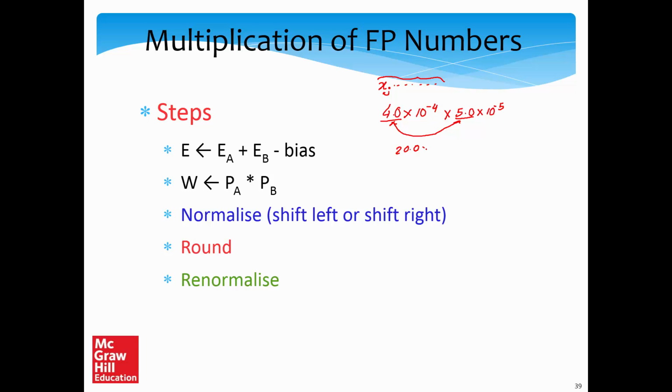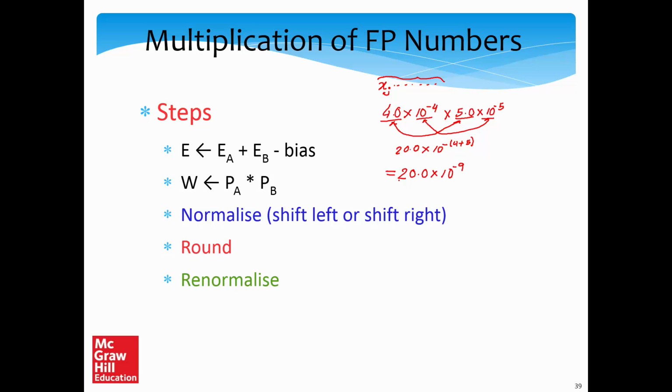Then we multiply the exponent terms, so we add the exponents, minus 4 and minus 5. What we'll get is 20.0 times 10 to the power minus 9.